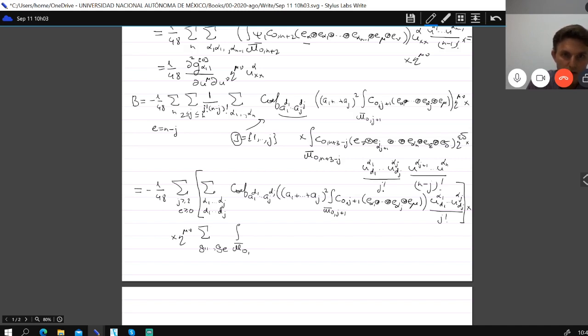Yeah, L plus 3, E C0 L plus 3 E nu E beta 1 E beta L E epsilon E delta eta epsilon delta, and here we take then U beta 1 U beta L over L factorial.